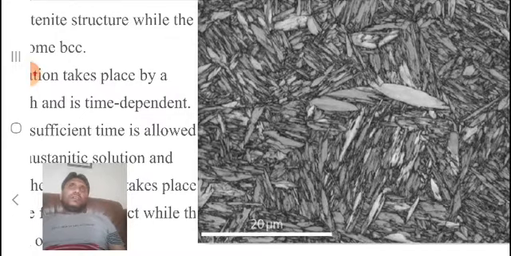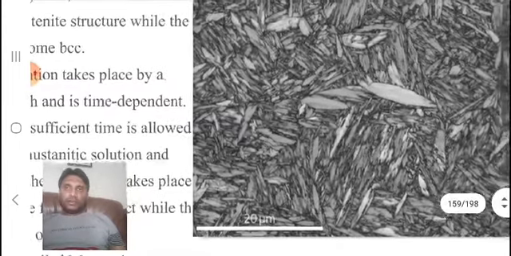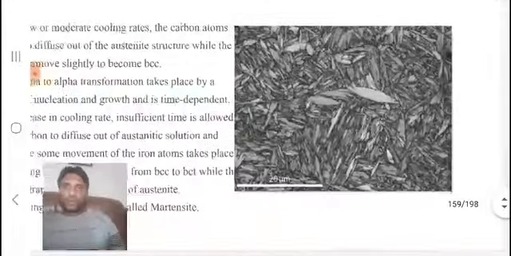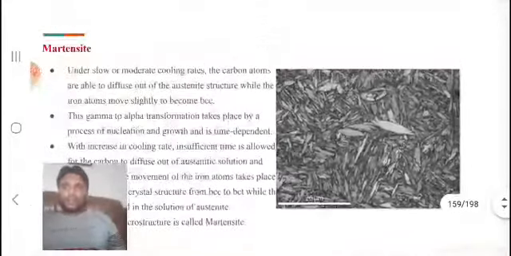But just above the martensitic temperature, there is another structure called bainite. Bainite is a very fine feather-like structure of pearlite.